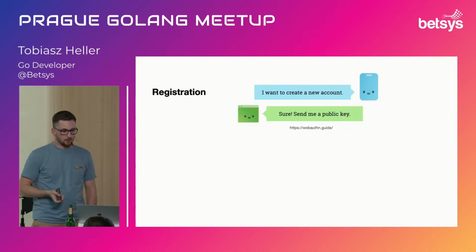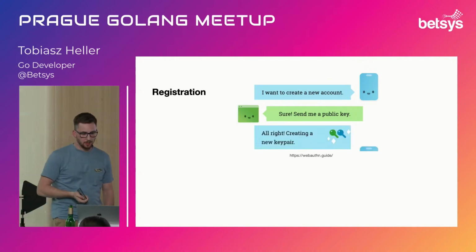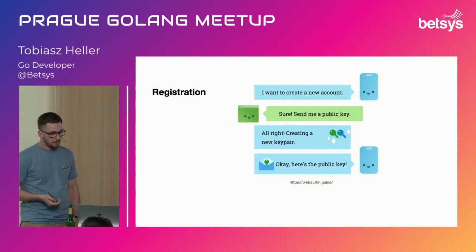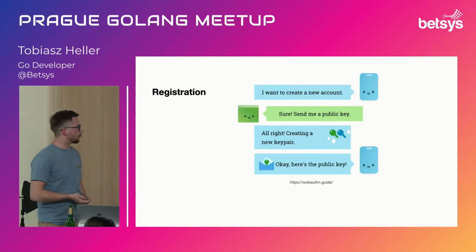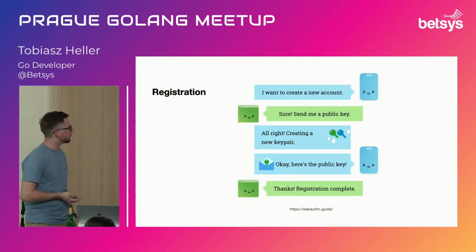There is a new user who wants to create an account. The backend responds, sure, send me your public key. Then on the operating system, we create this new key pair, and we send to the backend only the public key. And that's all for the registration.